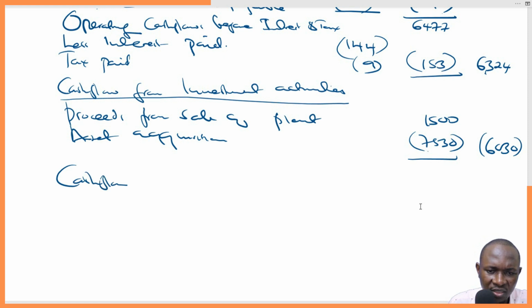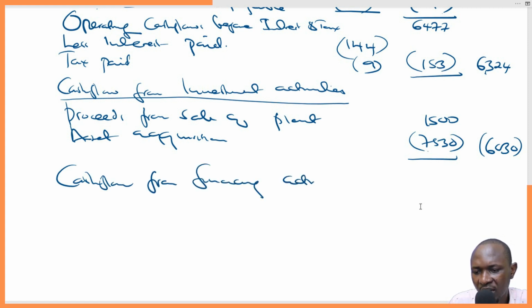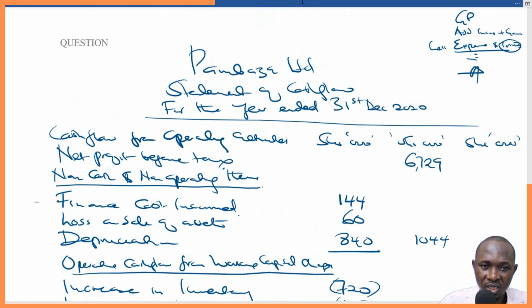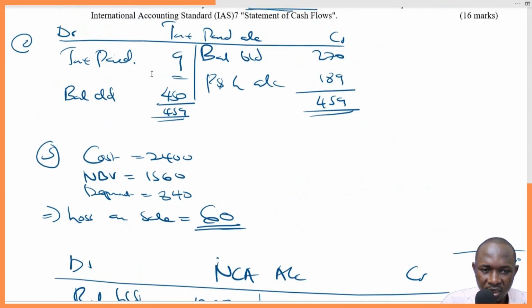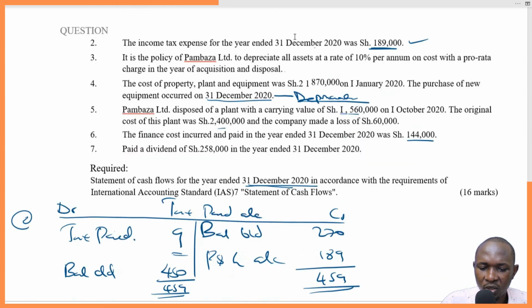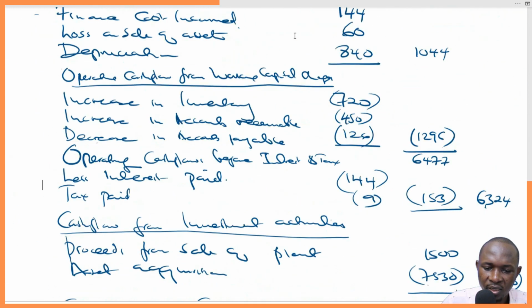So let's go to cash flow from financing activities. We start with the share capital again. Share capital, if we have it. There's an increase in share capital by 180.